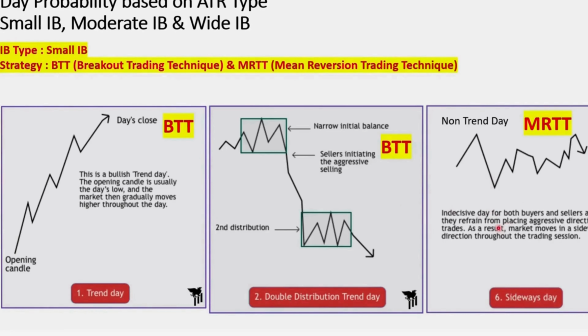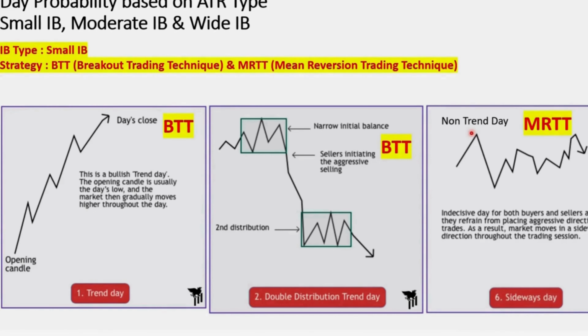Particularly before Fed FOMC or non-farm payroll news events, the pattern looks like a long non-trend day because the big players are not positioning and are waiting for the news to come out so that they can jump into the trades.